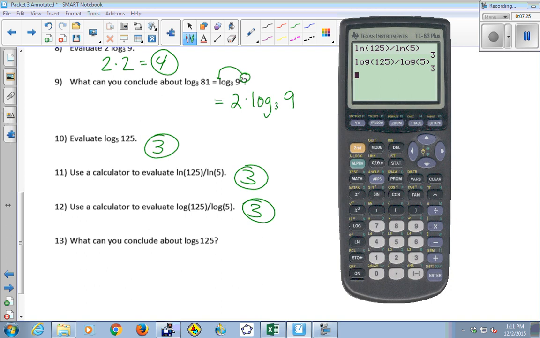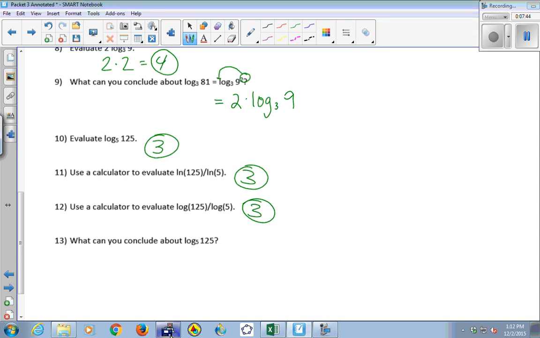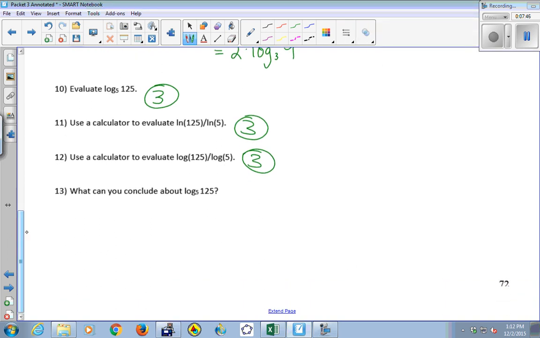So this is what we call the change of base formula. We love it because our calculator only has 2 base logs on it. You can do base 10 and you can do base e. So if I give you a base 5, you can have your calculator calculate it by using the change of base formula. You can change it to any base you want. We're partial to e and 10 because those are on our calculator.